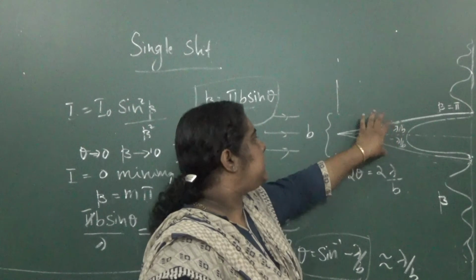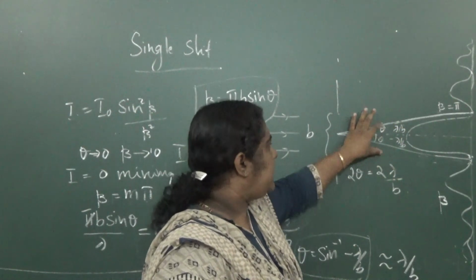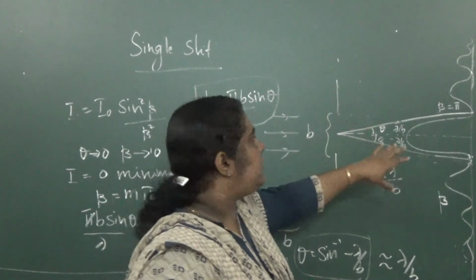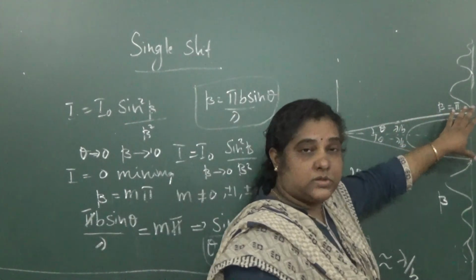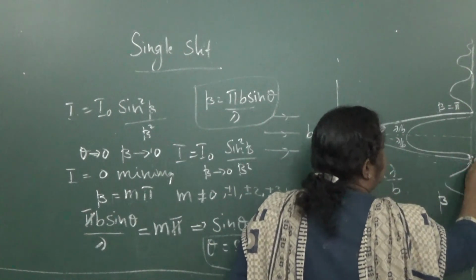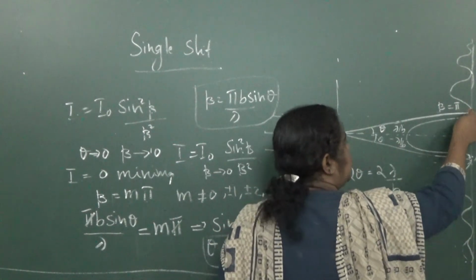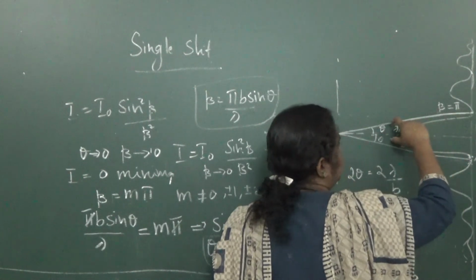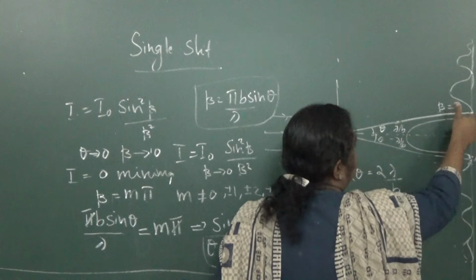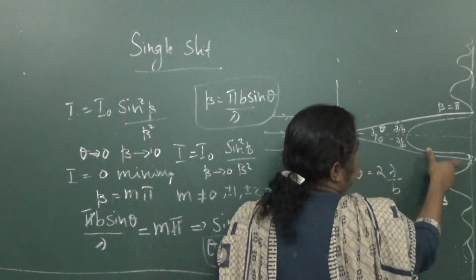So the angle between these 2 points is 2 lambda by b. If somebody asks the width of the central maxima, then 2 theta will give you the arc, and you can use the arc by radius relation here.